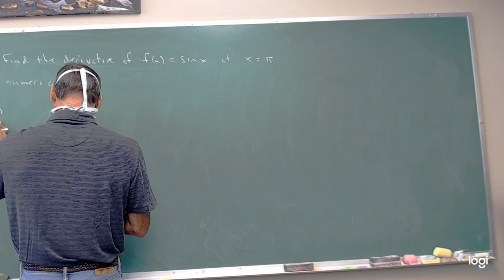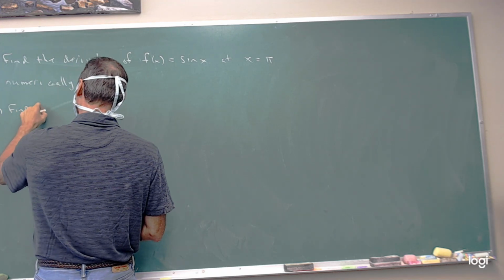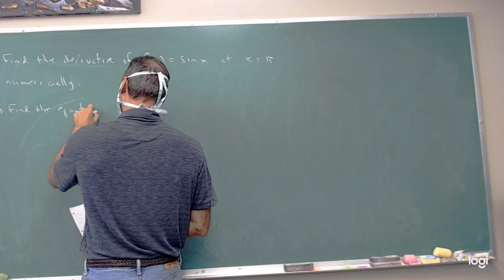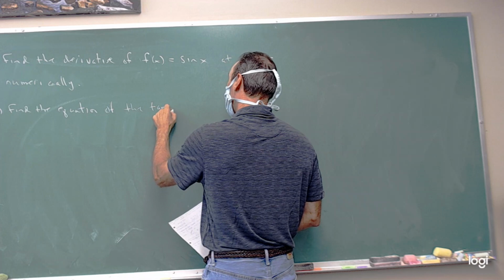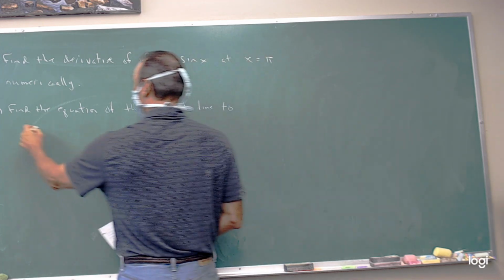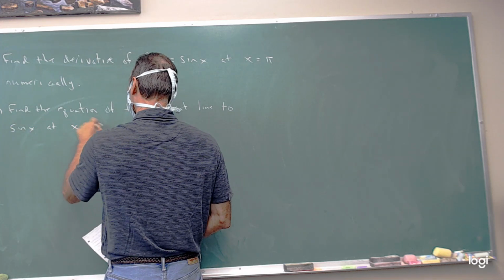And then after we find the derivative, we're going to use that derivative and find the equation of the tangent line to sine x at x equals pi.